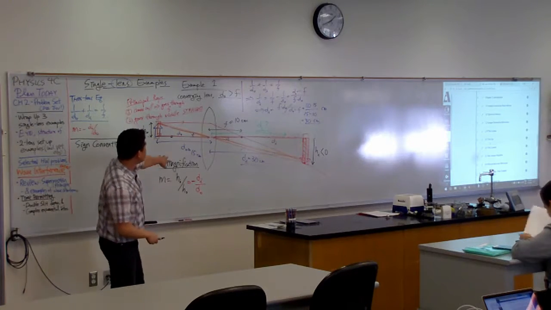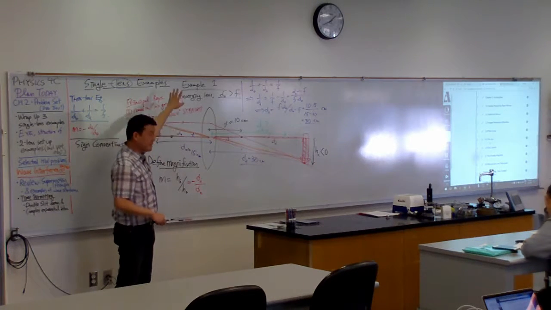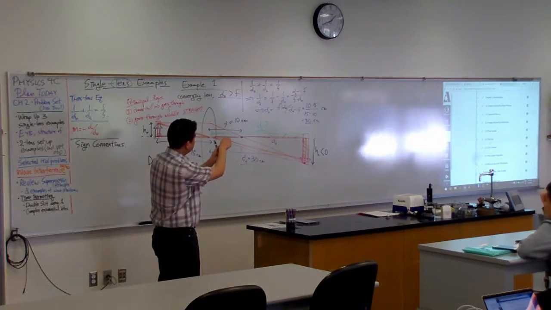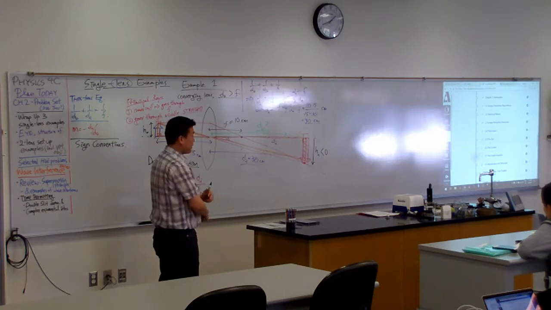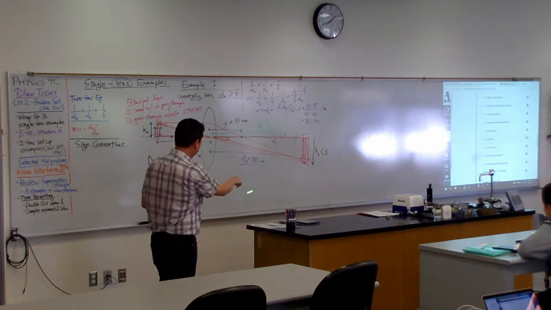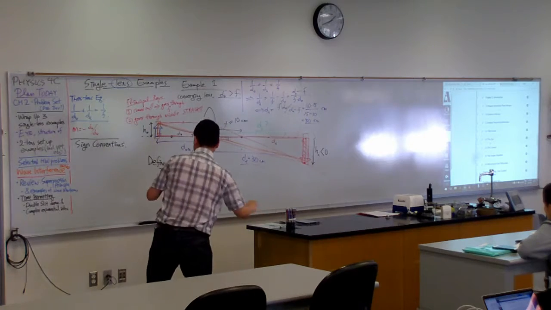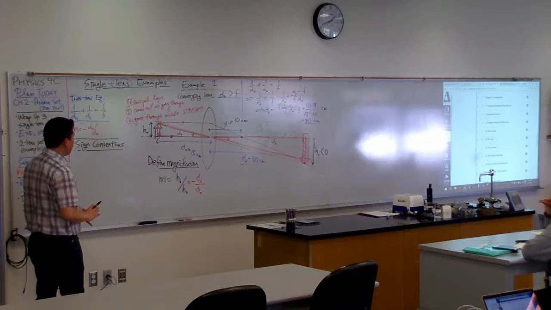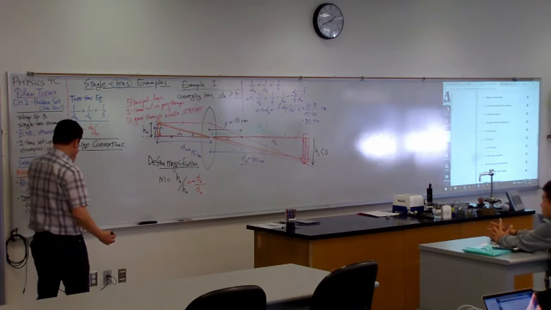So this example 1 is the example where the signs of all these three quantities, object distance, image distance, and the focal length, are all positive, as you've seen with the numbers here. So let's just use that as a starting point, and I will try to describe when they may become negative.